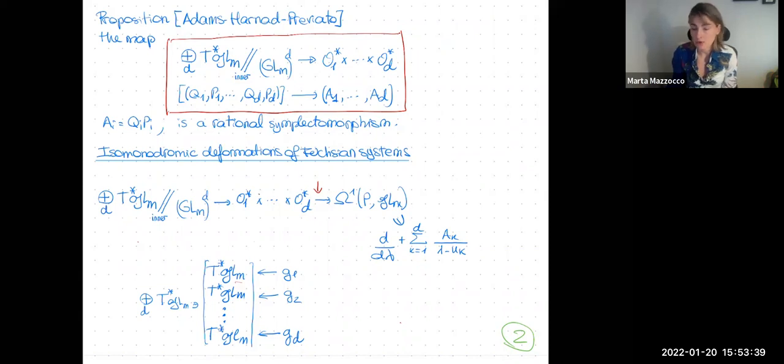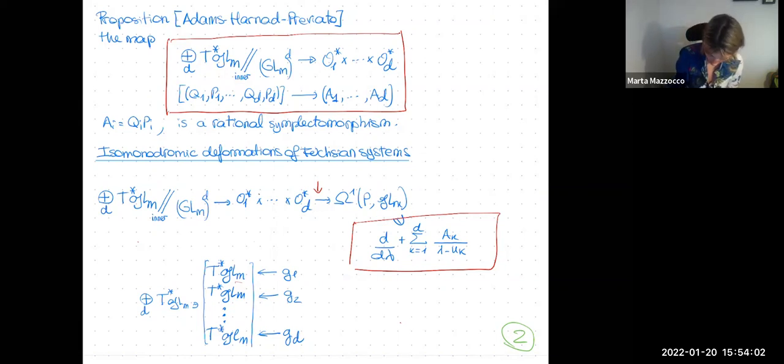And when you do so, the kind of isomonodromic deformations you have will be isomonodromic deformations of linear systems in which your matrix A will have simple poles, in particular D simple poles. Okay, and roughly speaking, what I have done so far is just to show you the mechanism by which we have this.